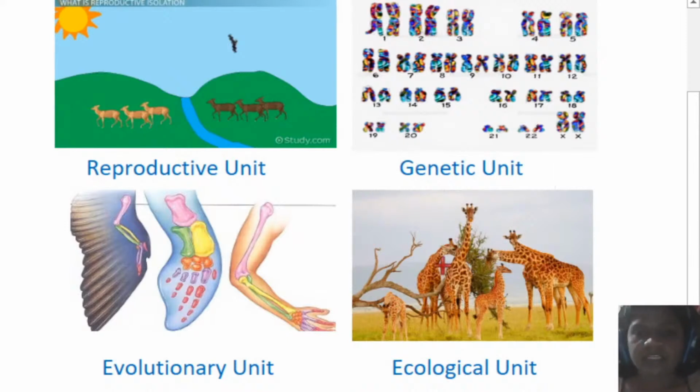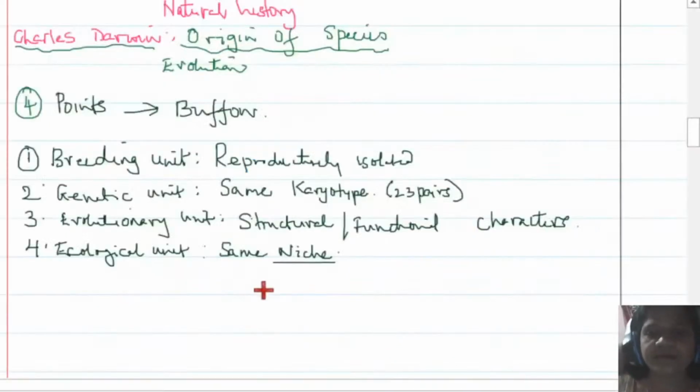It's an ecological unit. So remember these four units: a reproductive unit, a genetic unit, an evolutionary unit, and an ecological unit. Okay, this is proposed by Buffon, right? Remember all these four. This is a 4-mark question. So when somebody asks what species is, don't just write that it is a basic unit of classification.